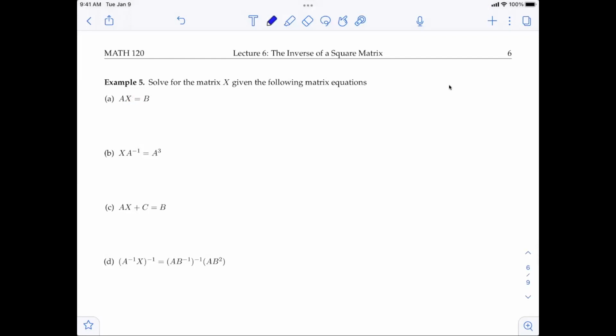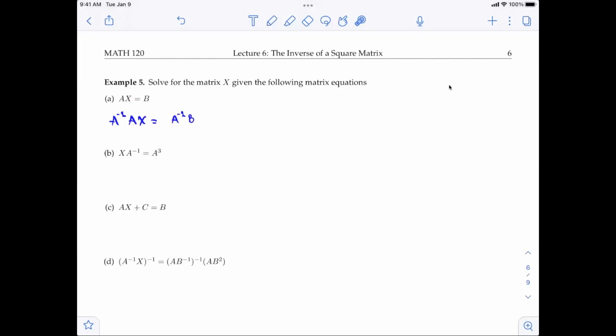So what I do is I'm going to do A inverse AX, right? Because you do the left multiplication by A inverse, you have to do the same for the right-hand side as well.